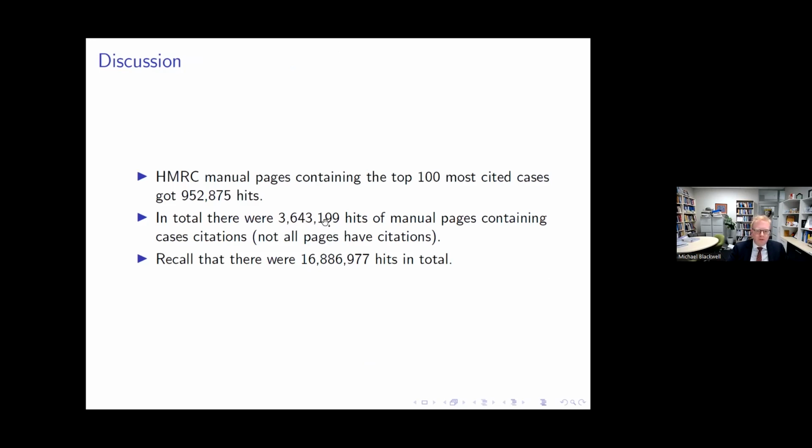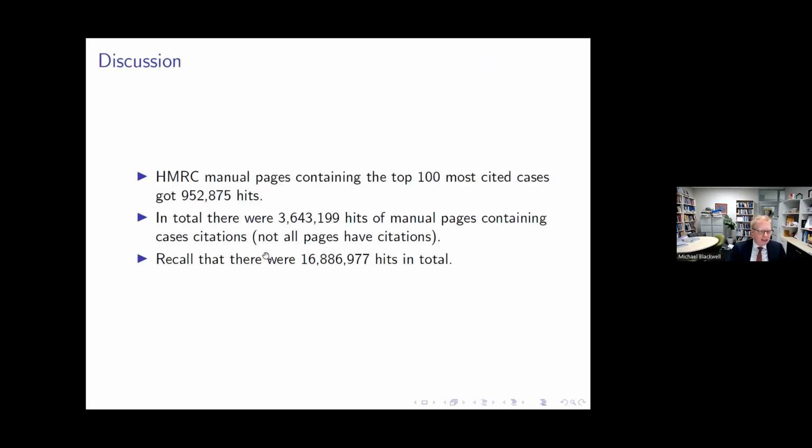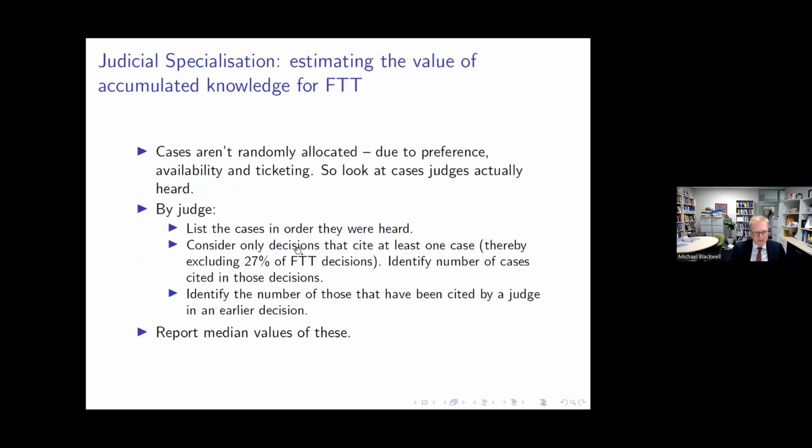So the top 100 cases got more than a quarter of all the hits, essentially. So going back to this question, how much do you need to know to understand some tax? If you understood the top 100 cases, then that implies that you have a good knowledge of tax in general.